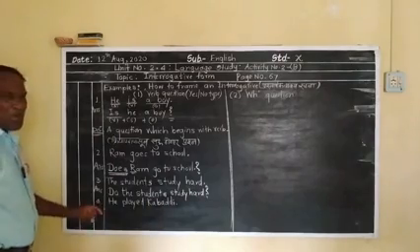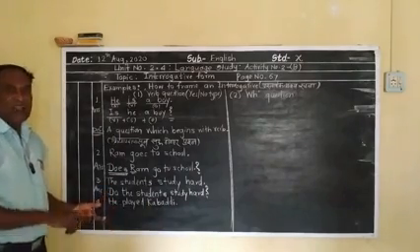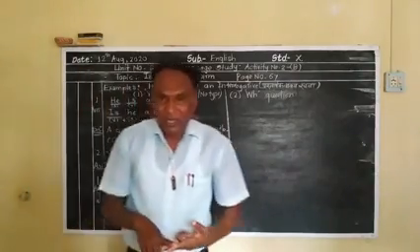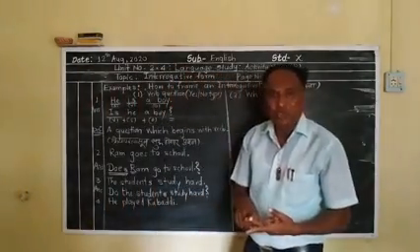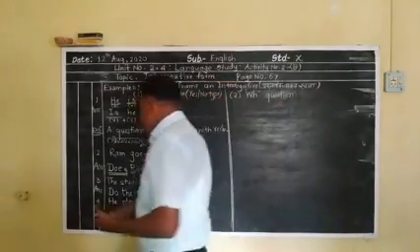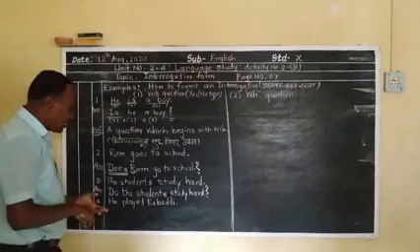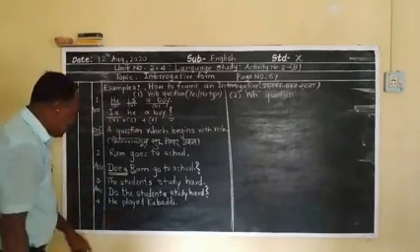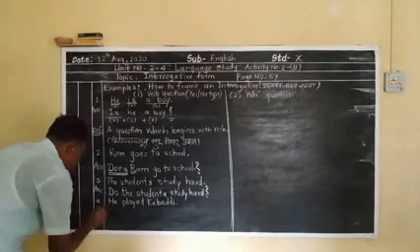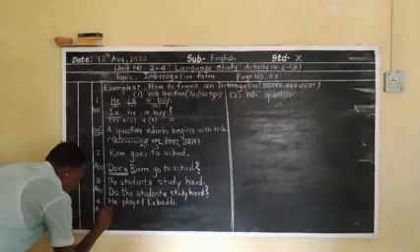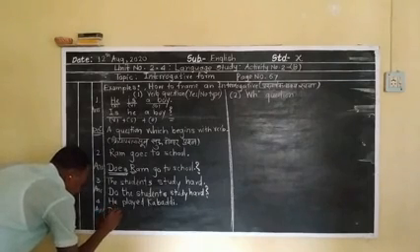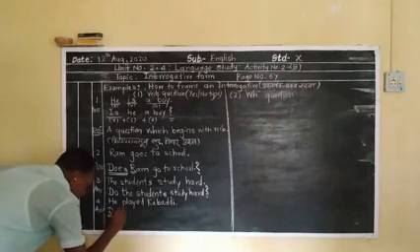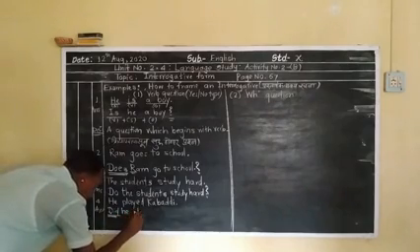That time there is no helping verb: am, is, are, was, were, shall be, have, may, can, should, could. No such type of helping verb is mentioned in this sentence. How to frame? It's a past tense. Understood, students? Answer: Did. He played.